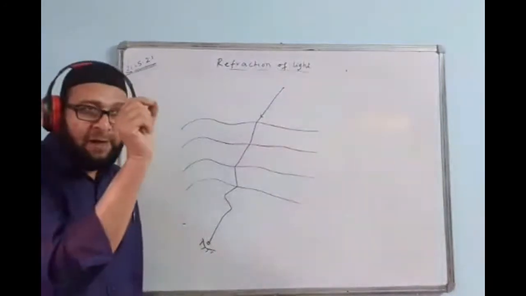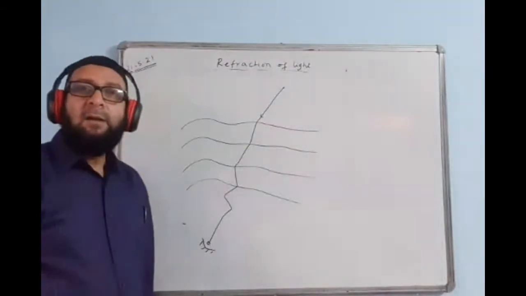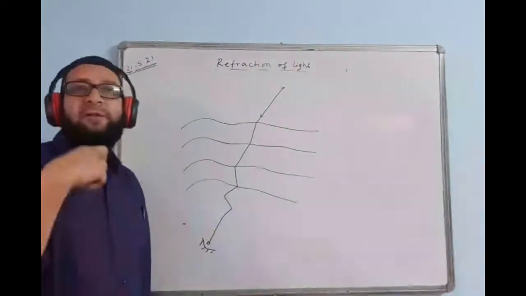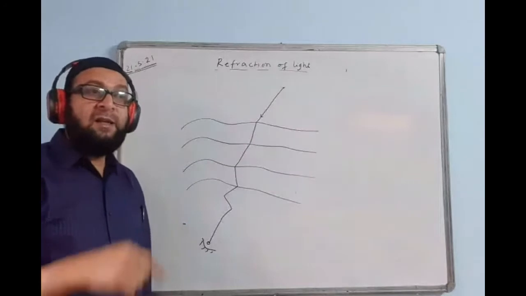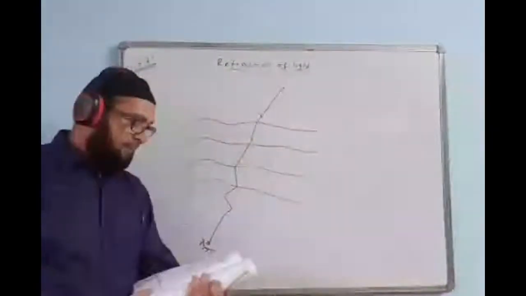We feel that the ray of light is going left and right, and we call it twinkling. The twinkling of a star is due to refraction of light, due to changing refractive index of air as the temperature of the air changes. Many refractions cause the twinkling effect.